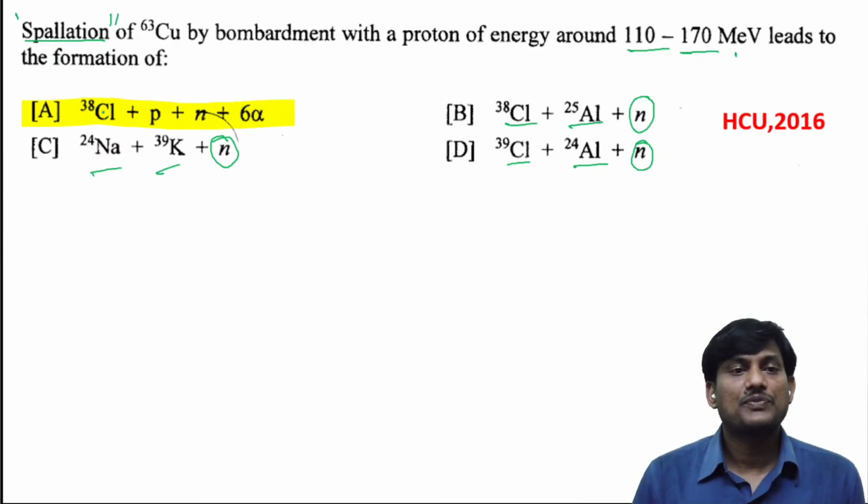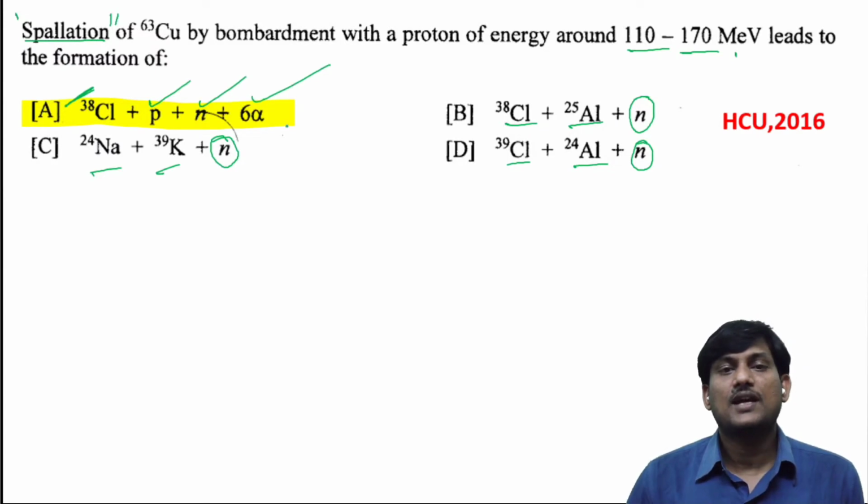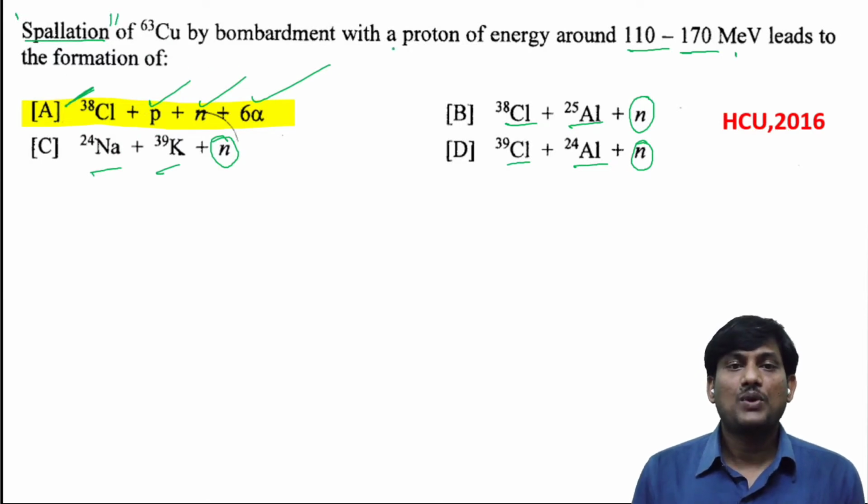In this case, you have a nucleus with lower A value and Z value, and there is a formation of proton, neutron, and 6 alpha particles. So in the spallation reaction of copper with proton, these will be formed. So A is the correct option.